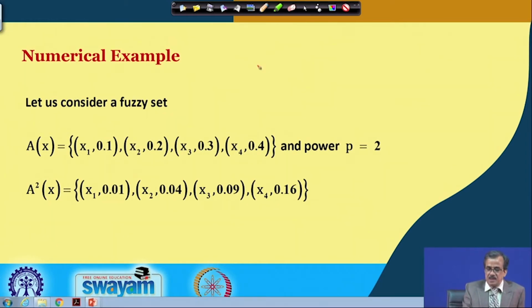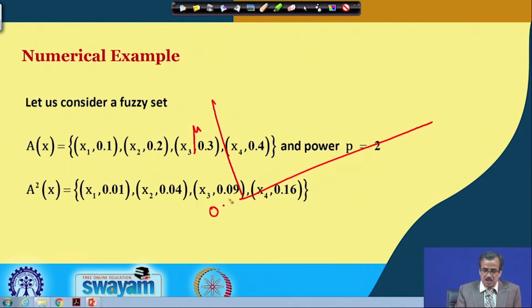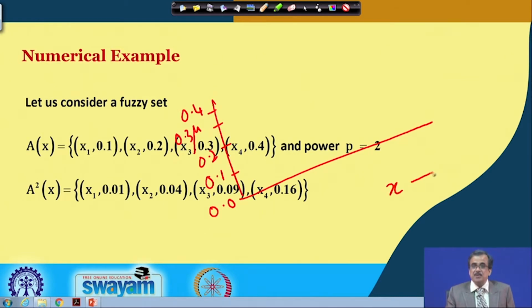Now, once again let me draw a fuzzy set. If this is your mu, and let me consider this is 0.0, this is 0.4, say this could be 0.1, 0.2, and this is your 0.3, and along this we have got x. Supposing that this is x 1, this is x 2, this is your x 3, and this is x 4.